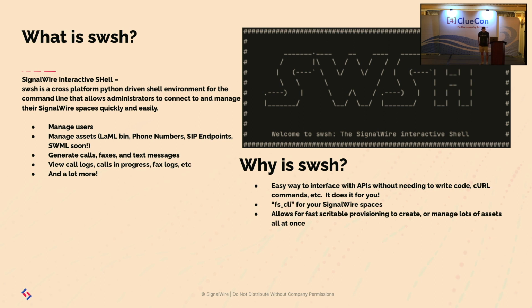So the reason that it came about was when I joined SignalWire after being at Star2Star for so long. Having worked with FreeSwitch, I kind of had that intrinsic knowledge, but I did not really know what was going on with the APIs. Like, I didn't know what you could do with them. I didn't know how to interact with them. So it was a learning curve.